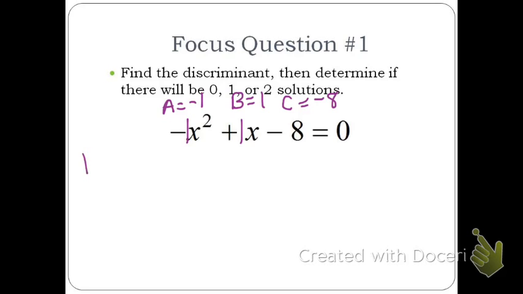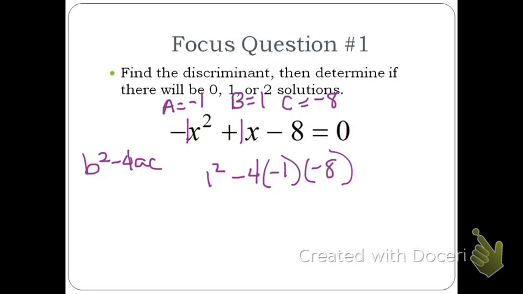So the formula is B squared minus 4AC. B squared, so 1 squared minus 4 times A, which is negative 1, times C, which is negative 8. Now that I have a numeric expression, I follow my order of operations.